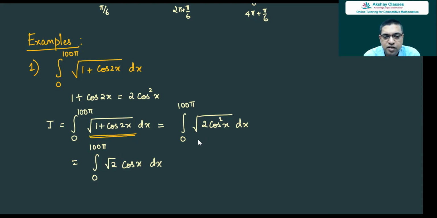It's a non-negative quantity because there is no negative sign associated with the under root. This is already a positive under root. So here, very important, you have to take a modulus. It is root 2 modulus of cos x. That is the catch for this problem.